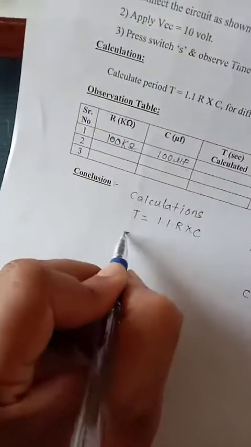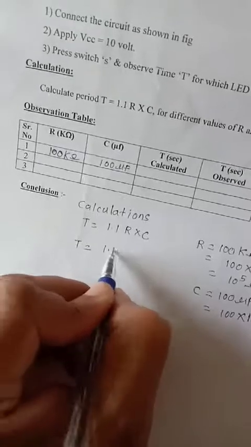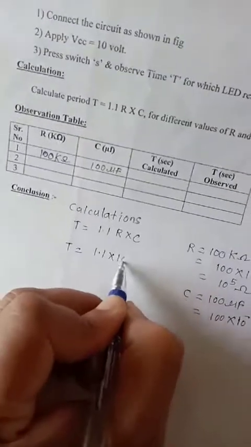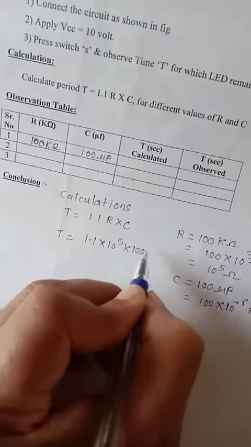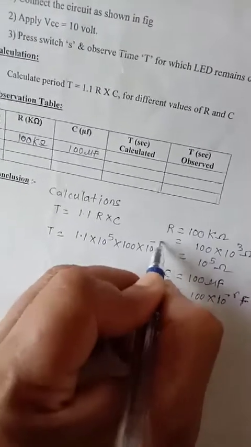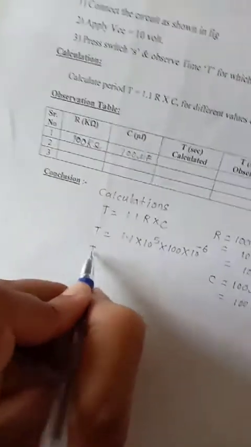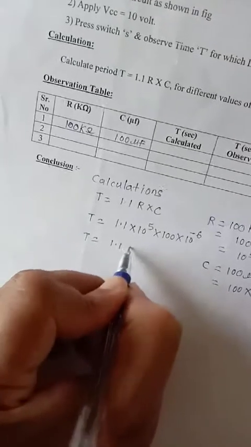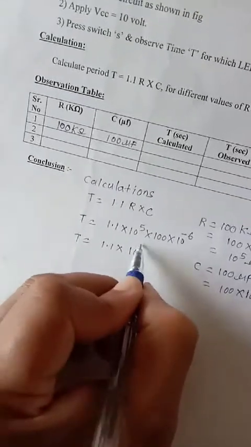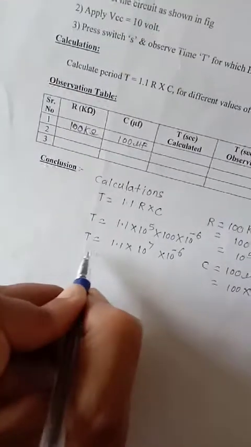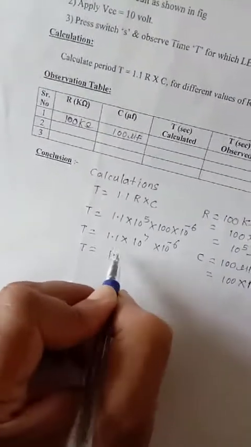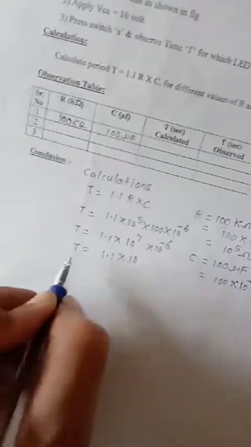So calculate this. T is equal to 1.1 into 10 raised to 5 into 100 into 10 raised to minus 6. So T is equal to 1.1 into 10 raised to 7 into 10 raised to minus 6, that is T is equal to 1.1 into 10.